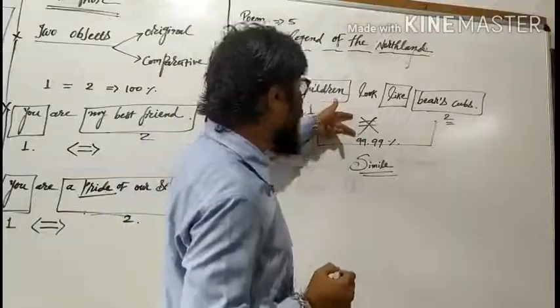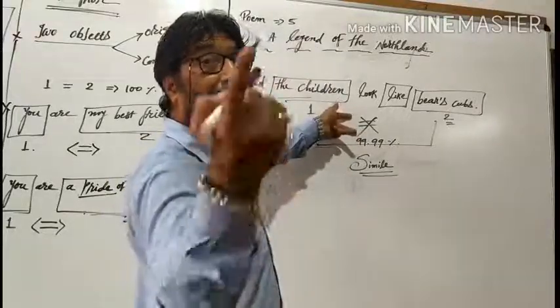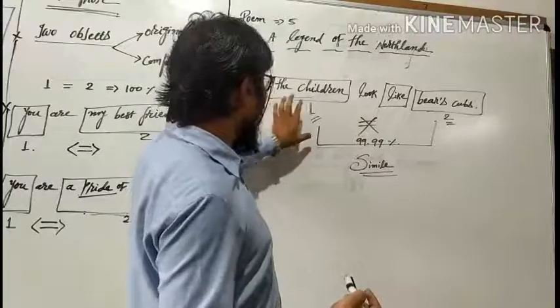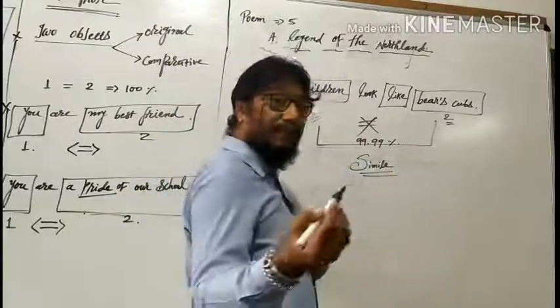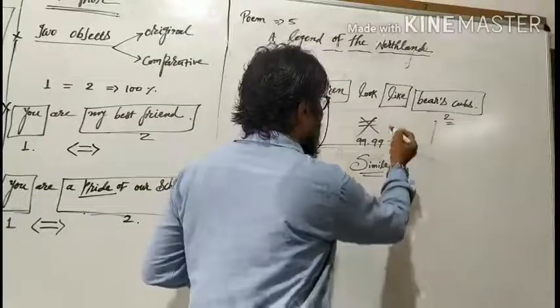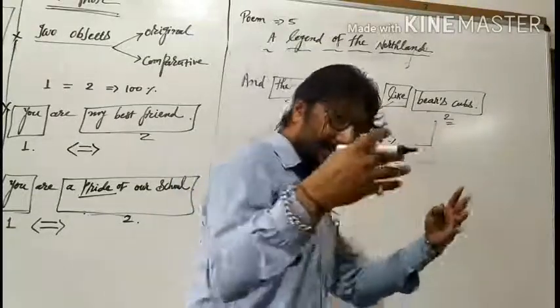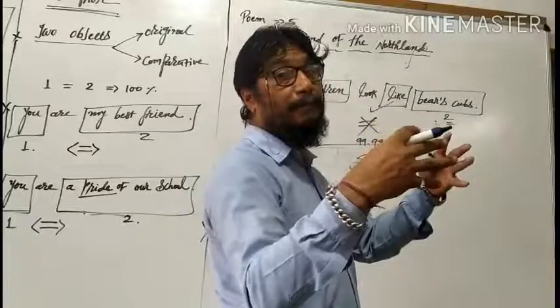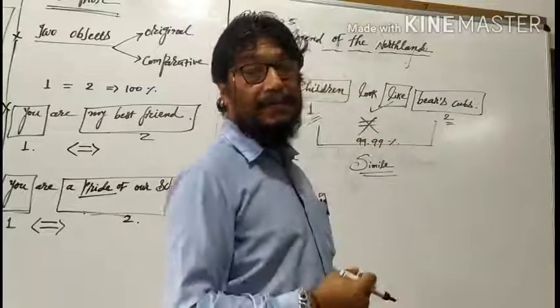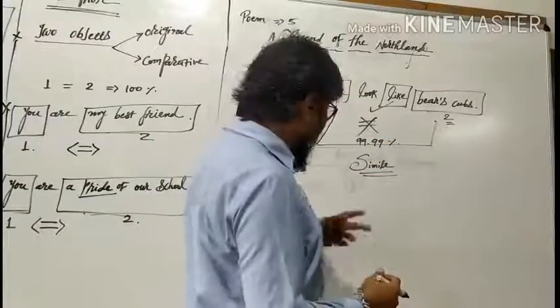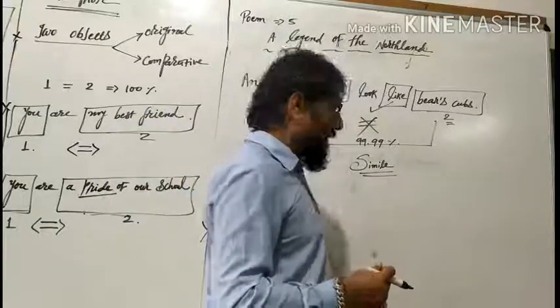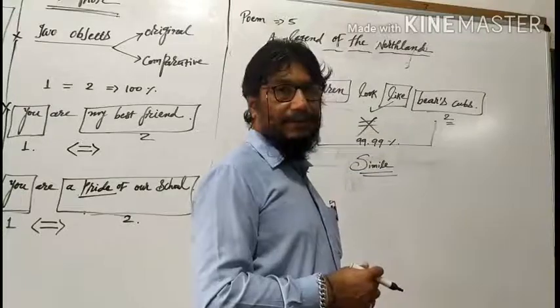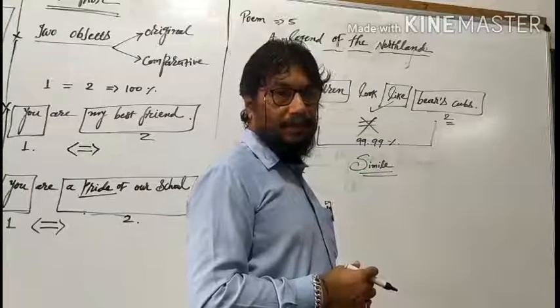Otherwise it would have become a metaphor, if it were "the children are bear's cubs." But here "like" is used. That indicates the comparison between the comparative aspect and the original aspect, up to 99.99% equality. That indicates the idea of simile. Got the idea?